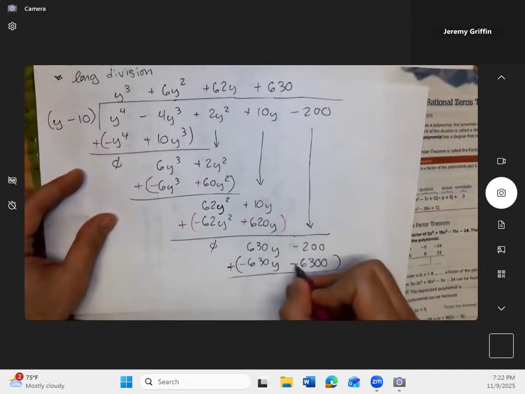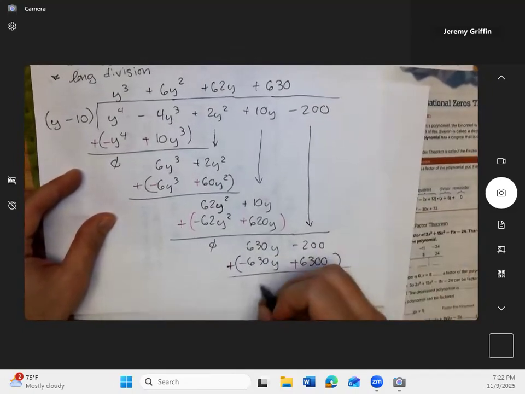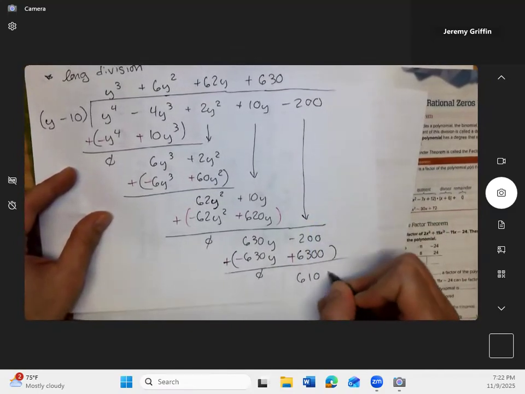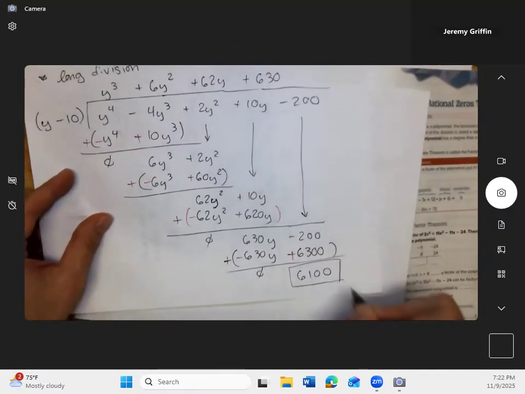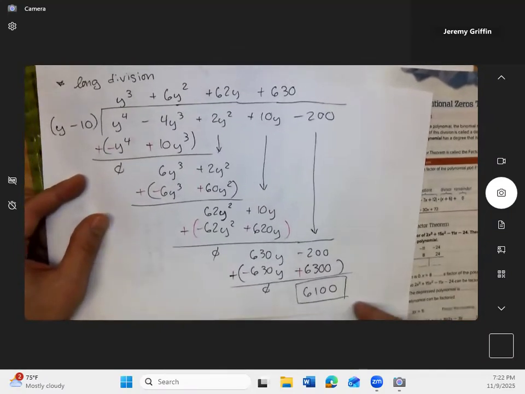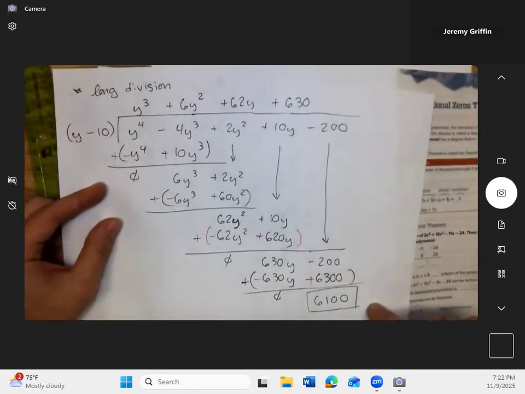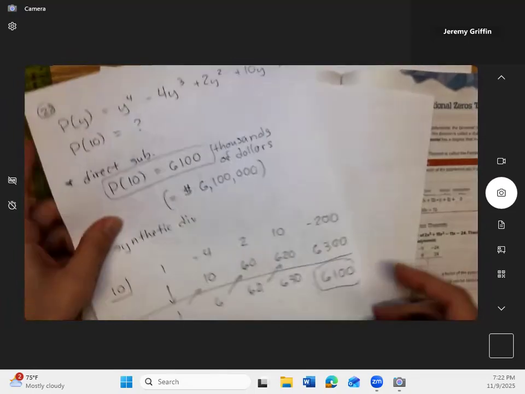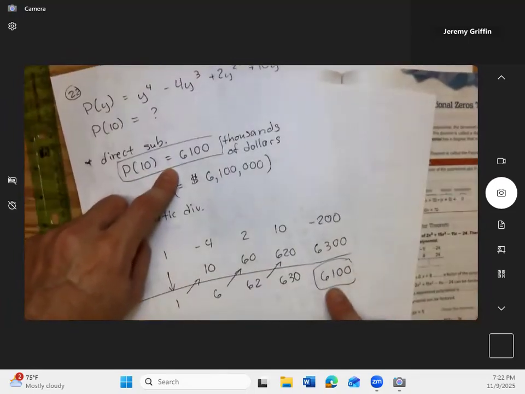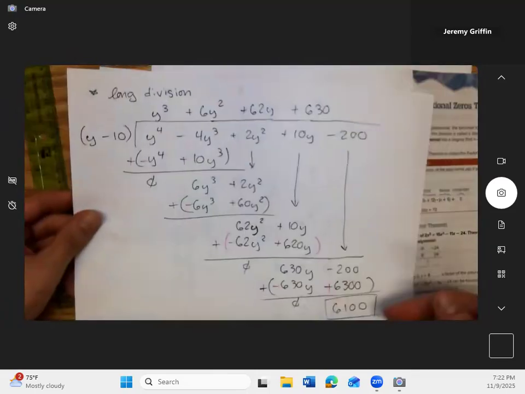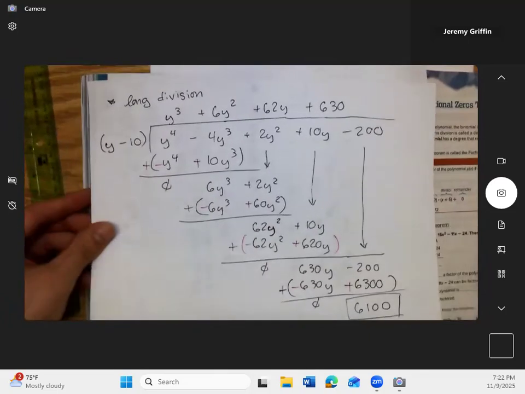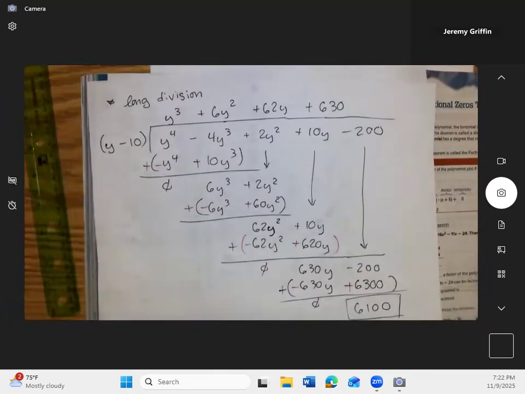Now 6,300 minus 200 is 6,100. Is that what I've been getting with these other two methods? Because I did direct substitution, I did synthetic division. This is the remainder, which means it should be that value. Was it 6,100? Yeah, that's totally what it was. Direct substitution, synthetic division, and long division are all telling me the exact same answer. All right, so pretty good. That is a wrap on 5-4A.